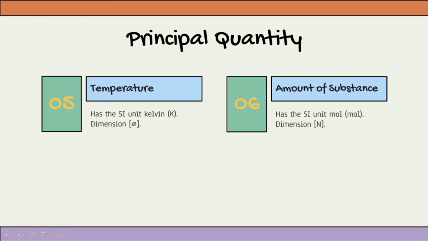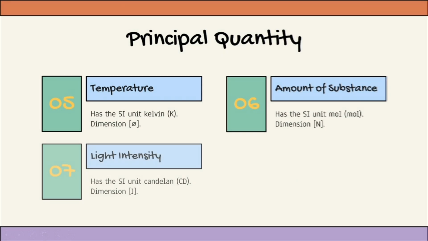The dimension of amount of substance is capital letter N. The seventh or the last one is light intensity. Light intensity has the SI unit candela. The dimension of light intensity is capital letter J.